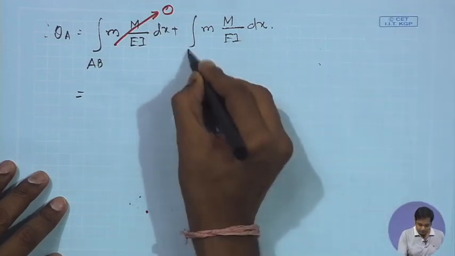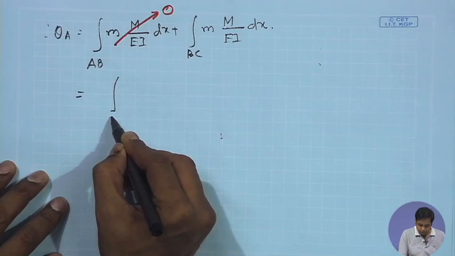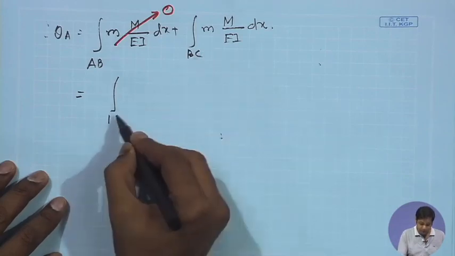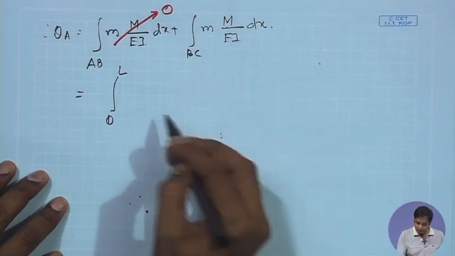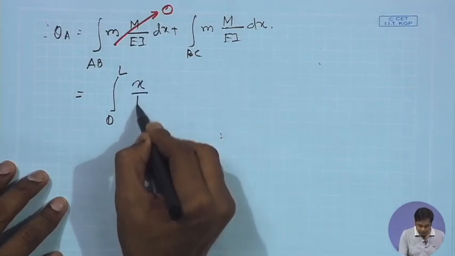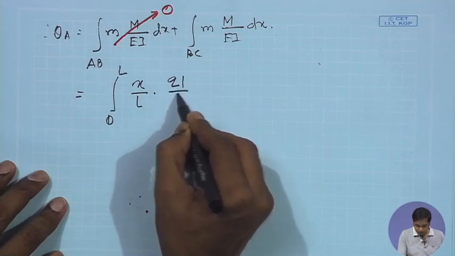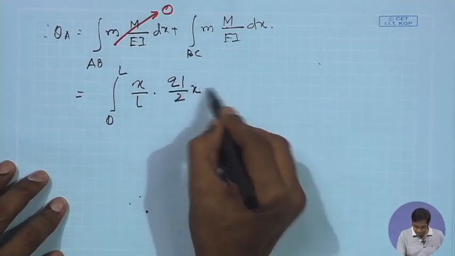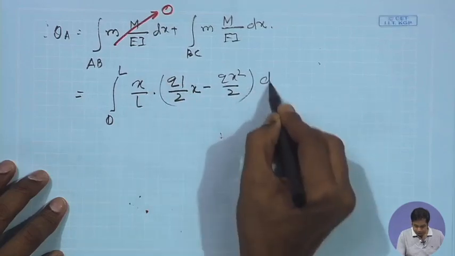So, this becomes the integration over BC, which is 0 to L, of small m, x by L, into capital M, which is qL by 2 x minus q x square by 2, dx.